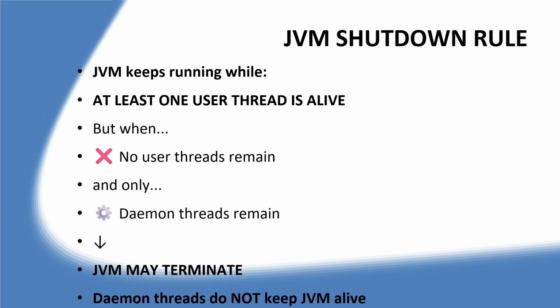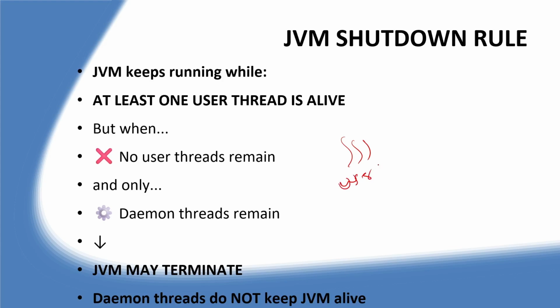Now we will see the JVM shutdown rule. This is the most important concept in the entire video. Daemon threads do not keep the JVM alive by themselves. Let's say we have multiple user threads.